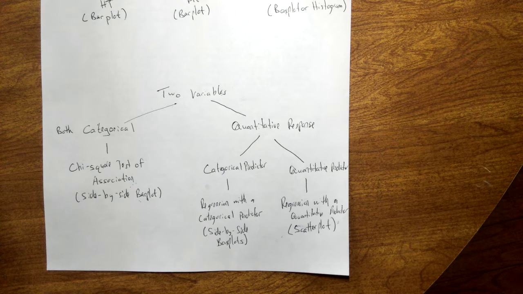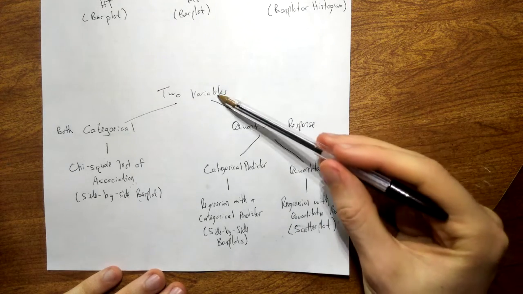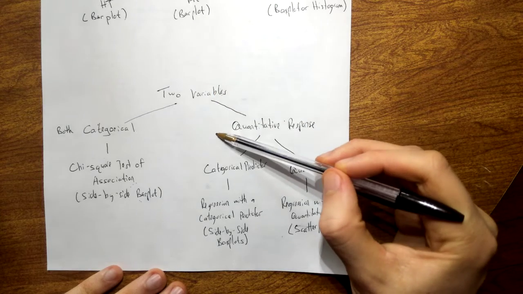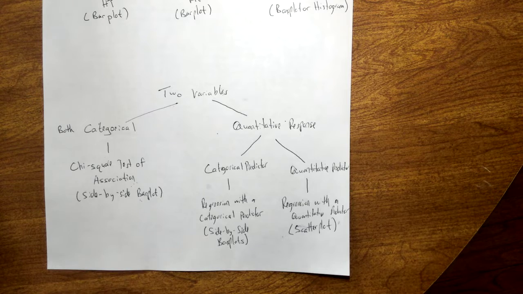Where we're going with our final section, you might guess the next logical thing would be a two-variable situation where your categorical variable is the response. But that's a more complicated situation that is discussed in Stat 213, but not in this class.